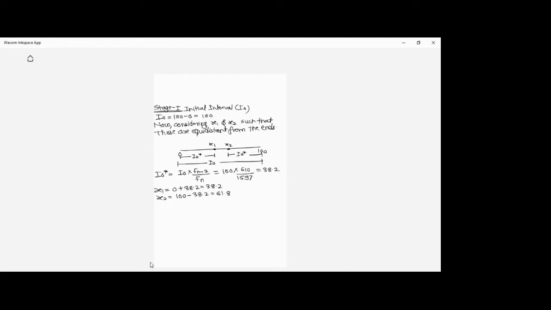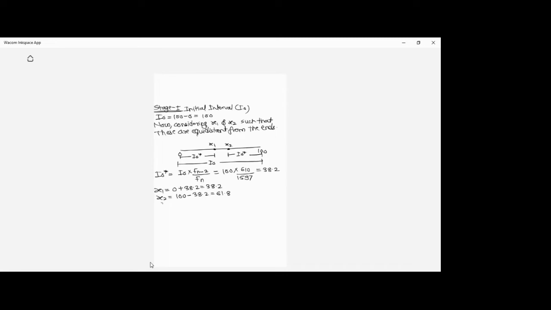We initially knew I0, put the value of I0, and then applied the formula for finding the distance I0 star. We get I0 star as 38.2, and just finding x1 and x2 from either end, we get the value of x1 as 38.2 and x2 as 61.8, right?